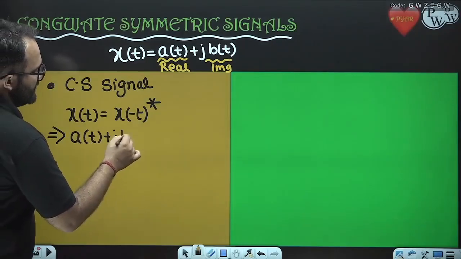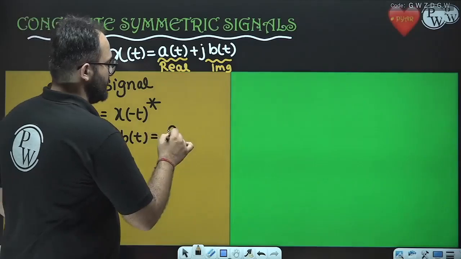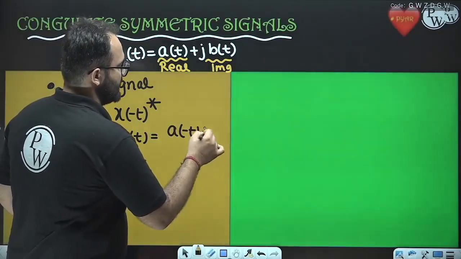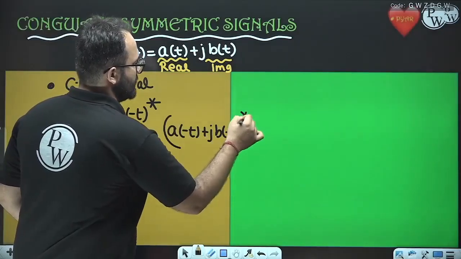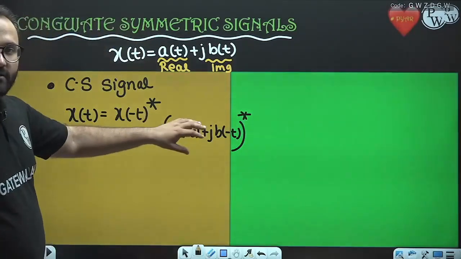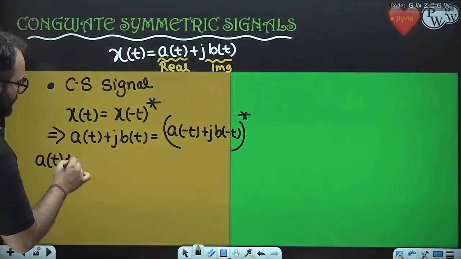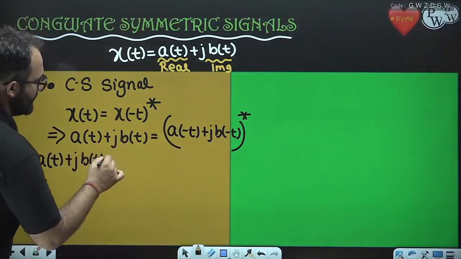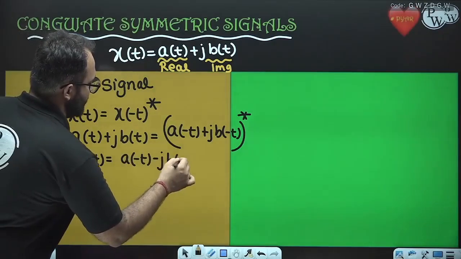So we can say that a(t) plus j b(t) is equal to a(-t) plus j b(-t) conjugate. We put a conjugate here. First we solve the conjugate: it is a(-t) minus j b(-t).